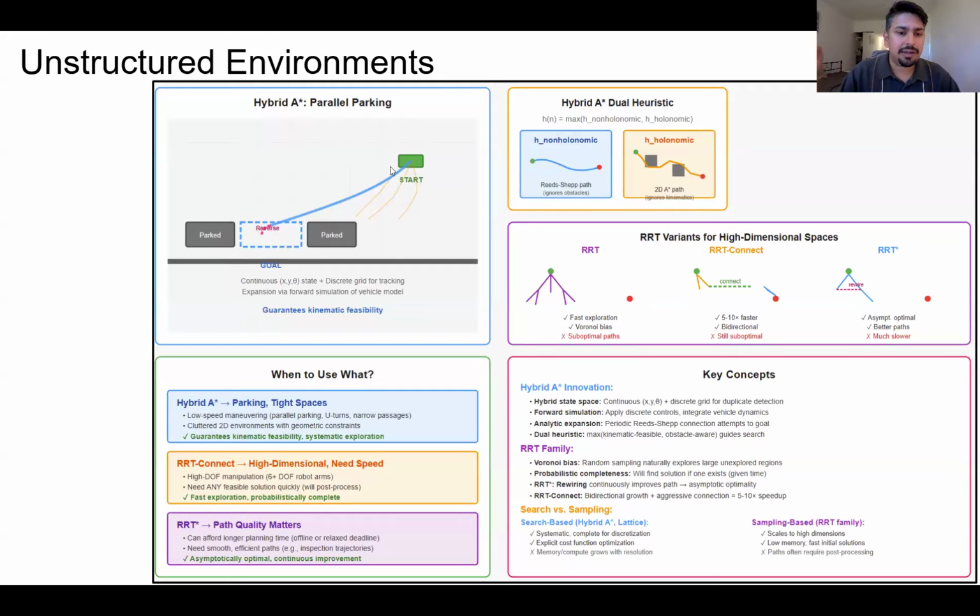What the word hybrid state means is that you are trying to take the continuous actions and map them into some discrete space. So let's say that you have a 3-dimensional state space in x, y, and theta. The actions themselves will lead you to a continuous coordinate, but you will be snapping it to the nearest discrete cell. So this helps to keep down how many nodes you expand and what your branching factor is, because you are discretizing the space.